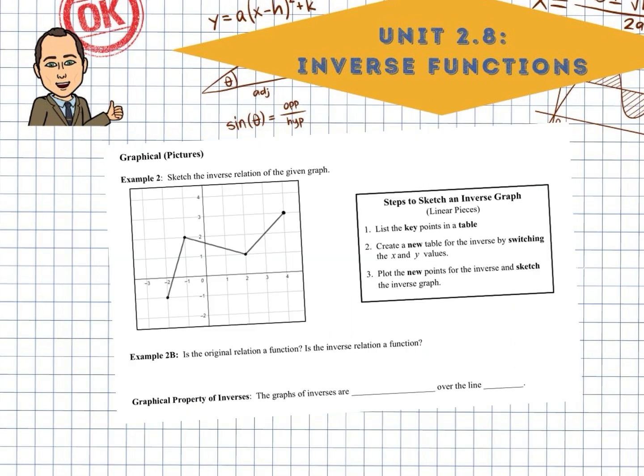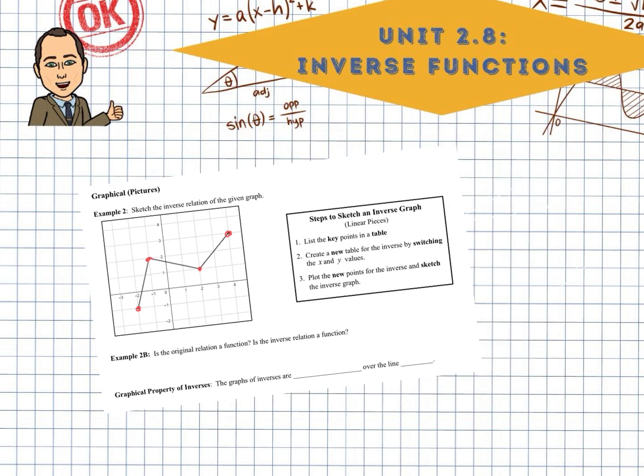All right, so here we go. We saw a more basic example using a table, and I'm still going to use a table here to show what the inverse of this function is. I'm going to pick key values. The key values I'm going to pick are the ordered pairs that have these nice little crosshair crossing points, namely here, here, here, and here. And those ordered pairs, when I go through and label them, I'm going to create a table off to the side.